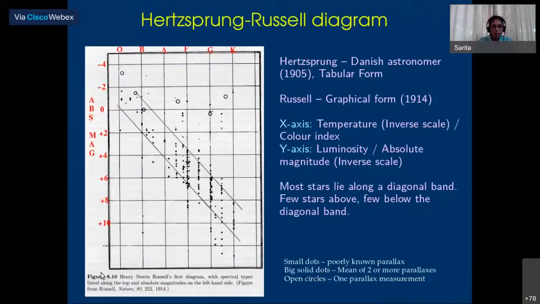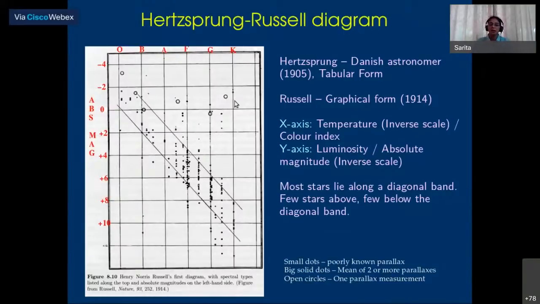On the x-axis is the surface temperature in inverse scale. Here you can see only the spectral types are marked in inverse scale, and that relates to the surface temperature. Inverse scale means as we go from right to left, the temperature is increasing. You may say, I don't like that, I want to go the other way around.